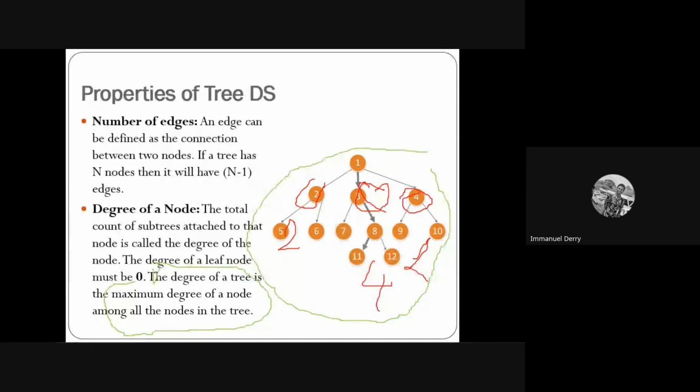So the maximum degree, or the degree of this tree, is 4. Because amongst all the nodes, the maximum one is 4. If you move to 5, 5 is 0, 6 is 0, 7 is 0, 8 is going to give the degree of the tree. That's all.